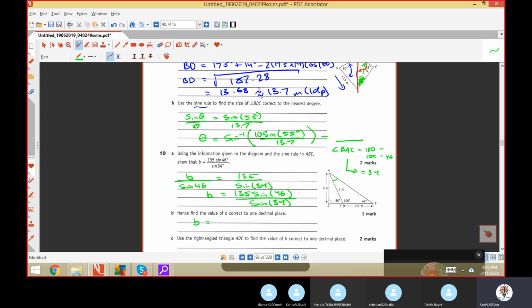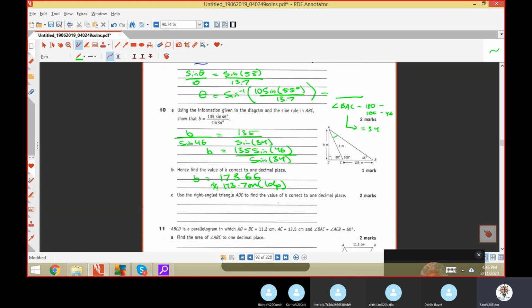Okay, 173.7 meters. Find the right angle, find the value of H.